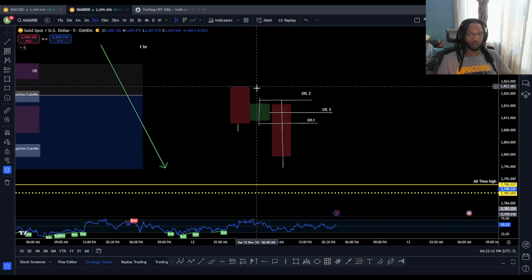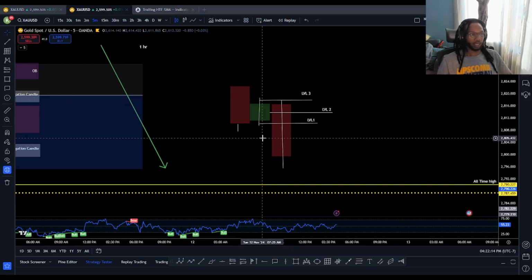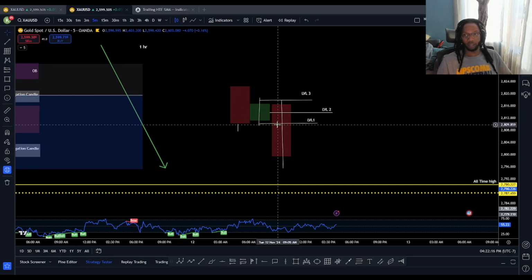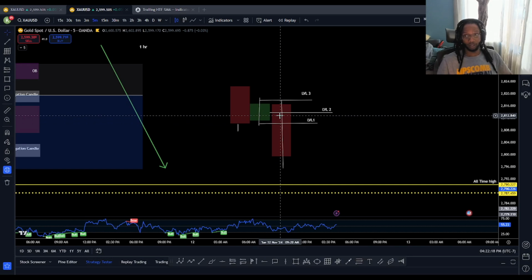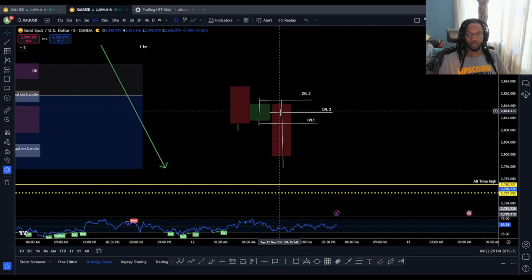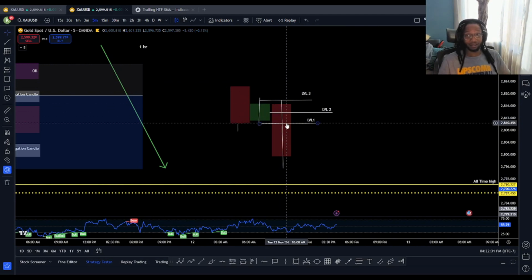If you know your stop loss is right here and it comes up to level one and then it goes to level two, you're going to be more inclined to protect your position. Same thing with the market makers and the people that are behind these trades. If price is coming back into their stop losses, it's not a guarantee, but it's a higher probability that they would do something to protect their position.